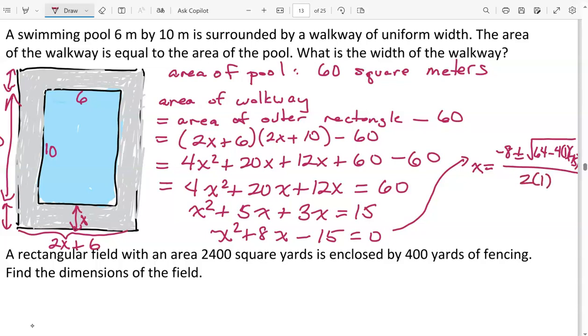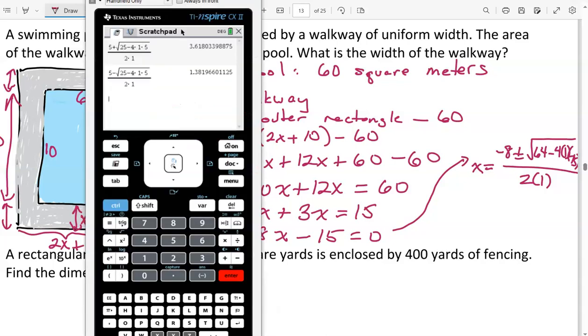And now I'm just going to write all of that in my calculator. We'll use control divide for the fraction, and then enter the numerator, negative 8 plus the square root of 64 minus 4 times 1 times negative 15, all over 2 times 1, which is 2.